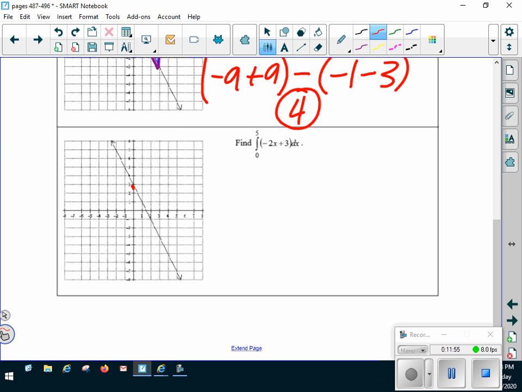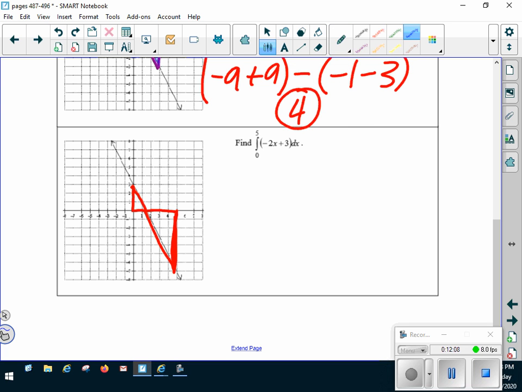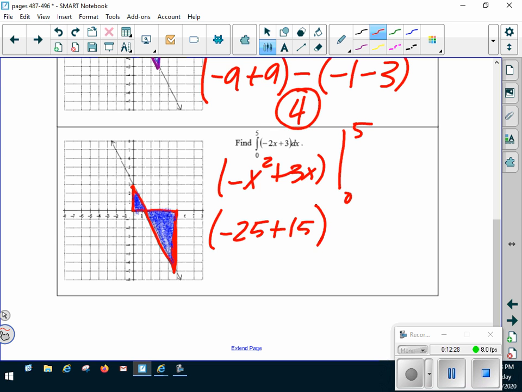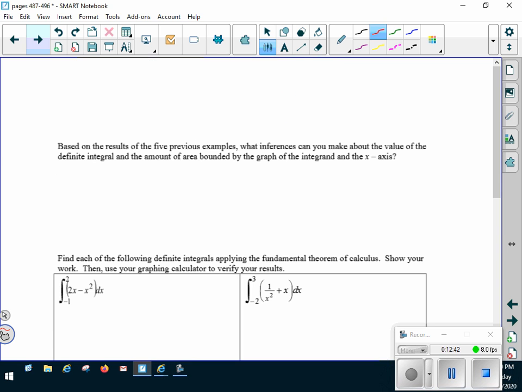From 0 to 5. You get negative 10. Okay, let's go to the next page.